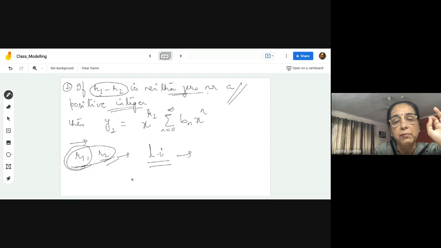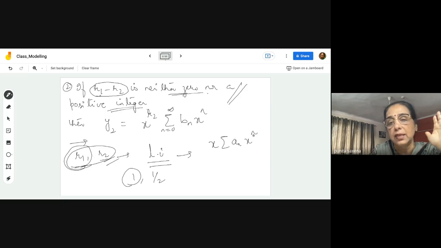Say for example, you get R1 as 1 and R2 as half. Now this is fine. Your larger root is 1, so definitely a series will exist corresponding to R1 equal to 1. That means you have a series of the form x summation a_n x^n.